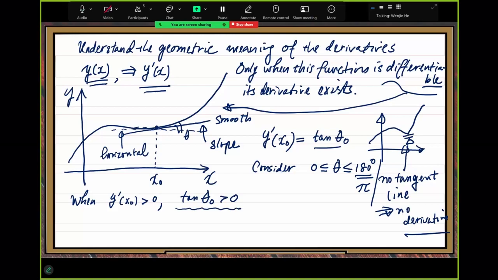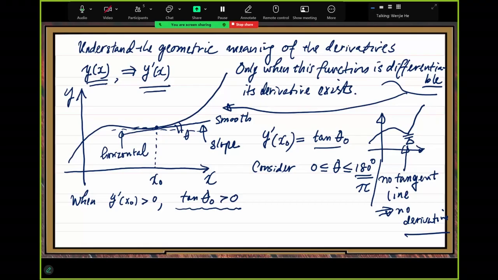what's the specific range for theta to guarantee tangent of theta is positive? In what range is tangent theta positive? Between 0 and 90.